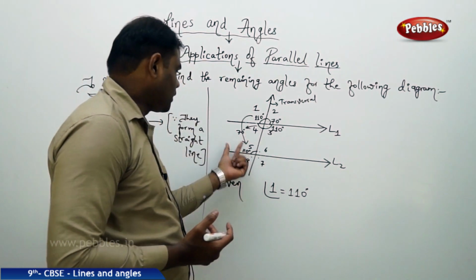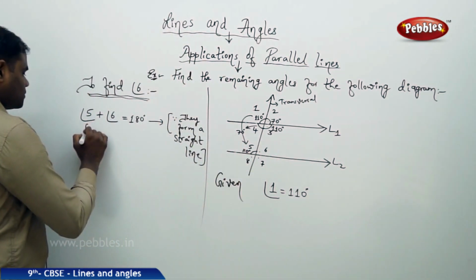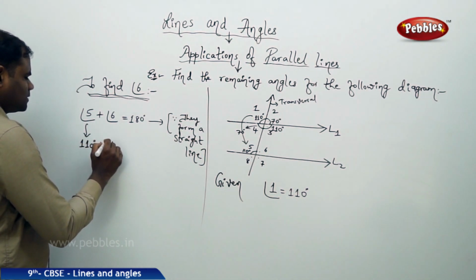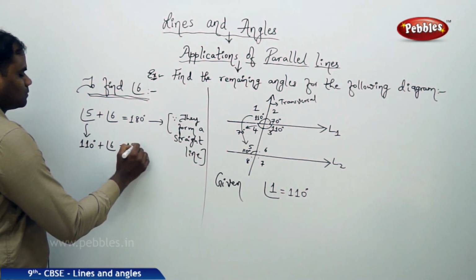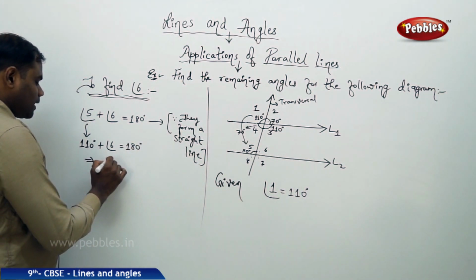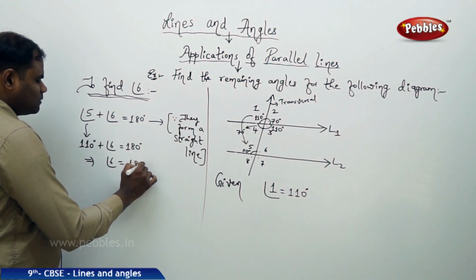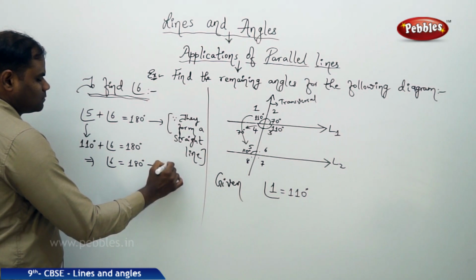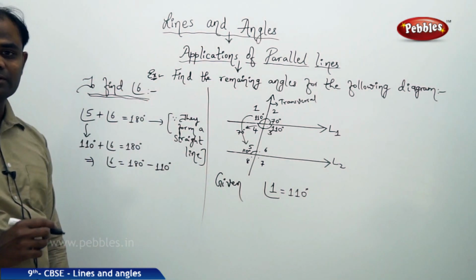Now we know angle 5 is 110, which I am going to substitute here. 110 plus angle 6 is 180. That implies my angle 6 is 180 minus 110, which comes to the right.